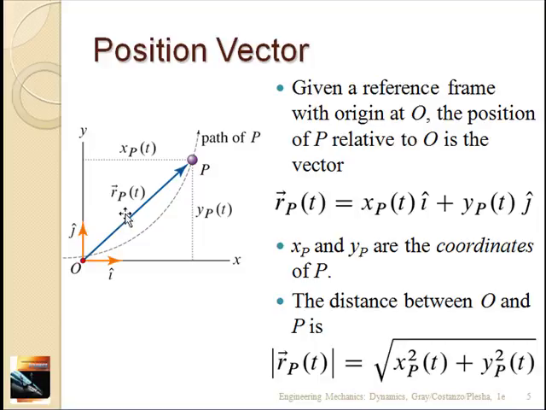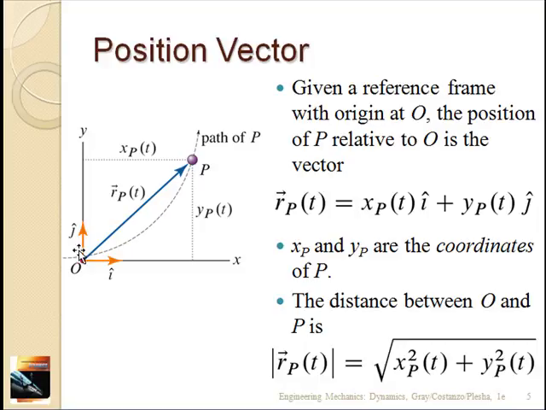If we know this vector r as a function of time, we'll be able to identify the position of the particle at any time. And if we can take some time derivatives, we'll be able to specify velocity vectors and acceleration vectors just by differentiating the position.